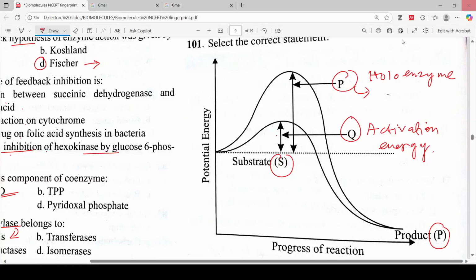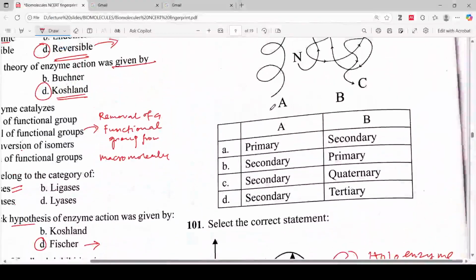Let's move to the next question. I don't have time to explain the detail, later.